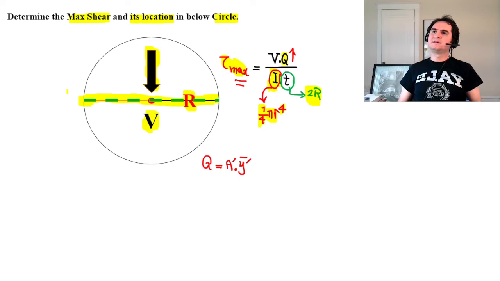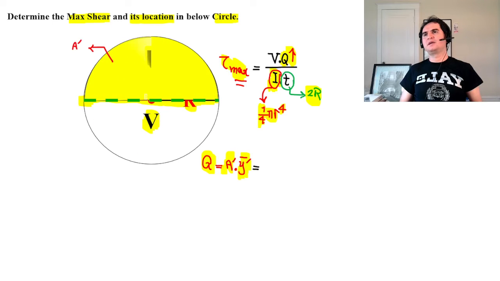And why is that? Q is A prime times y bar prime. Do you remember we said we are going to calculate maximum shear, so we need to go by maximum Q, and maximum Q goes by, if you consider a half of a circle as your area, A prime as your element of area, then Q is A prime times y bar prime, and that goes by a thickness.